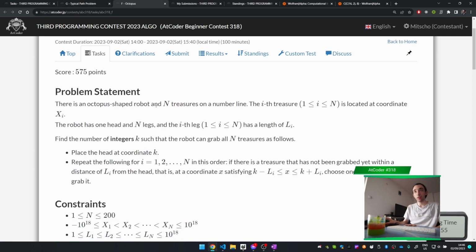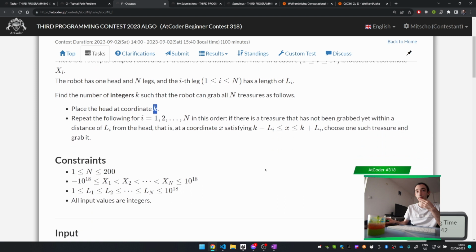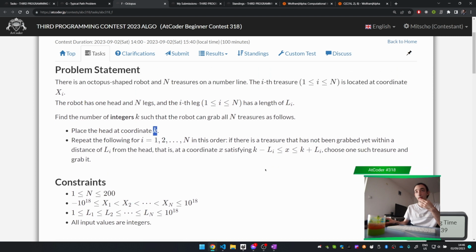There is an octopus-shaped robot, so there is some length here. If you choose this coordinate, how is this affecting these lengths?